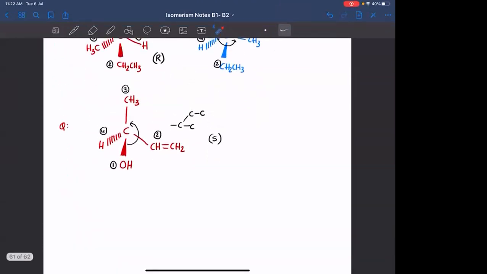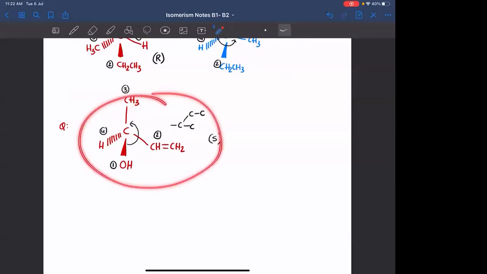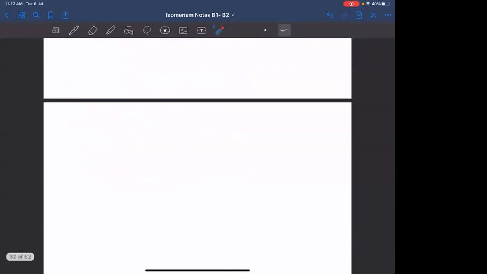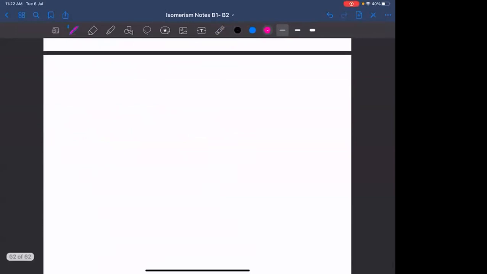It means you will have to represent something like this again and again. Rather than representing the molecule in this way, we will see another representation of the molecule, which is called Fischer projection.